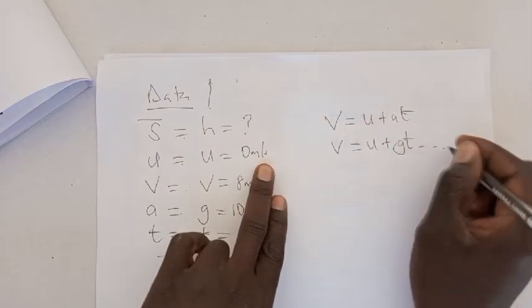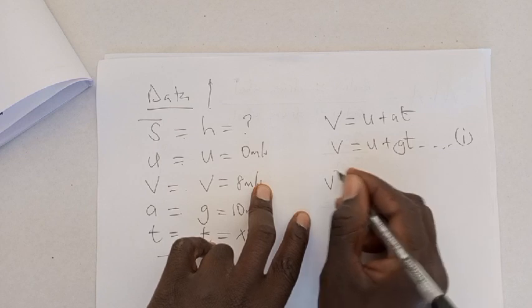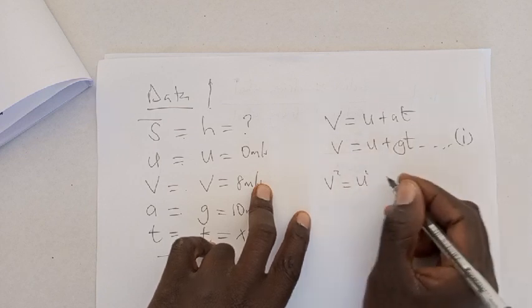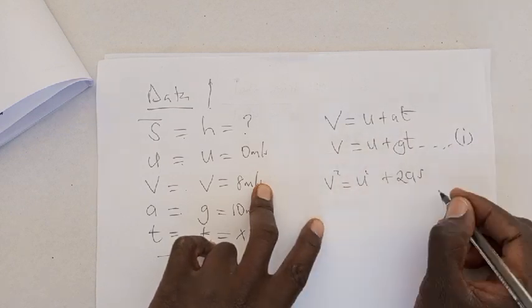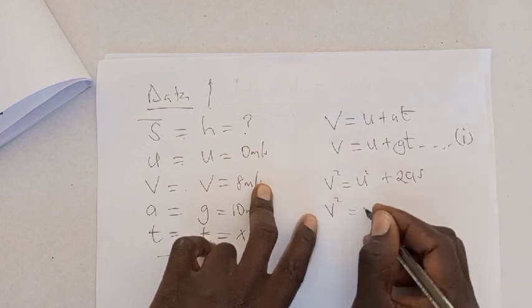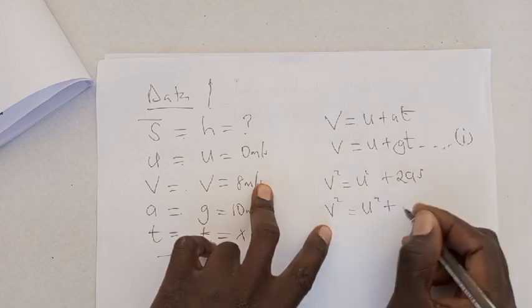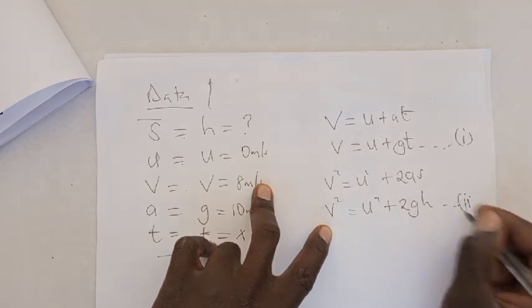This is the first equation. The second equation, we have V squared is equal to U squared plus 2AS. But since we are dealing with height, we're going to say V squared is equal to U squared plus 2GH. This is the second equation.